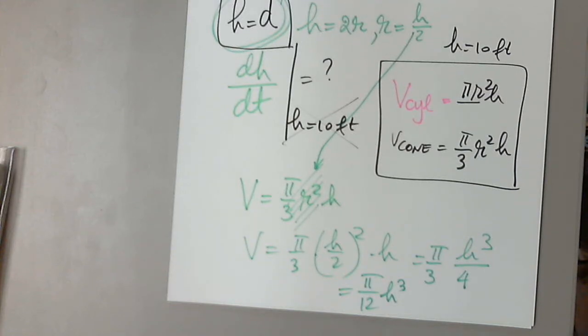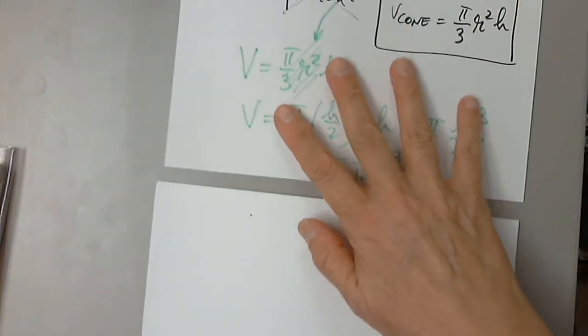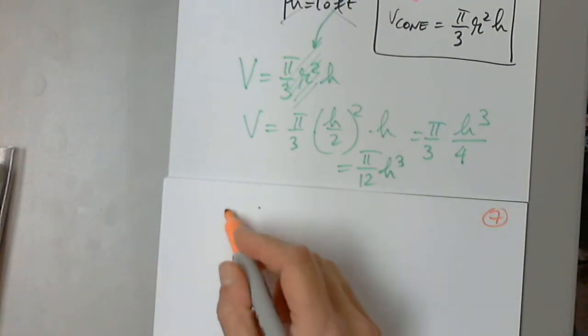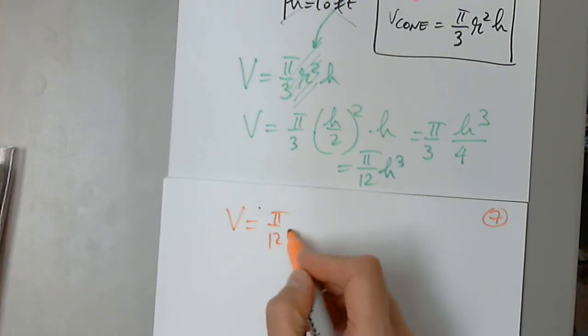So all this effort was basically to get the function of the 2 variables related in the same equation. So what will be my next step? V equals pi over 12 h cubed.